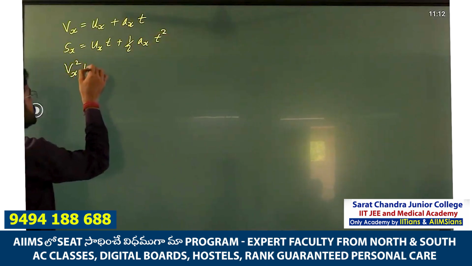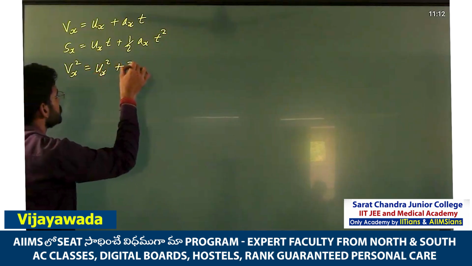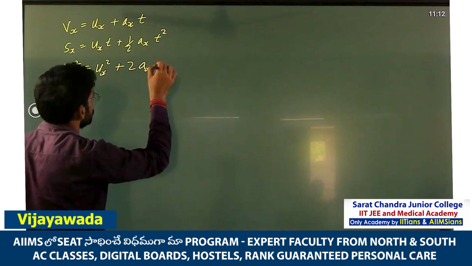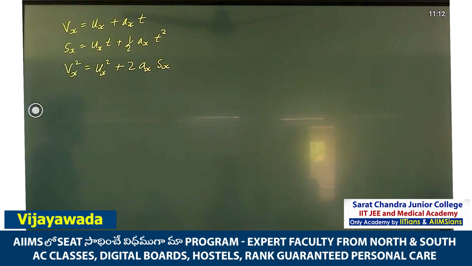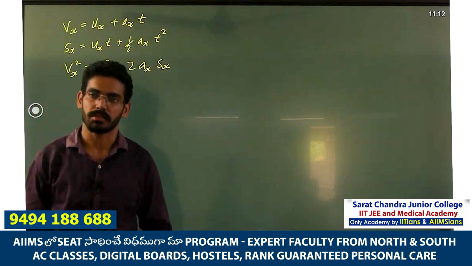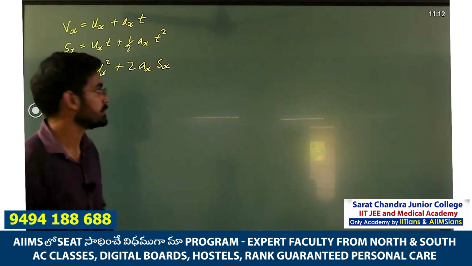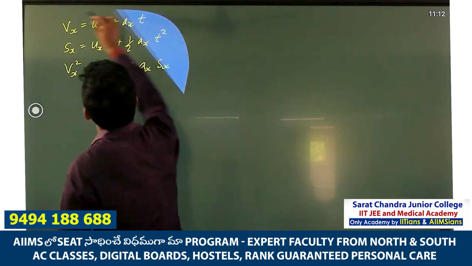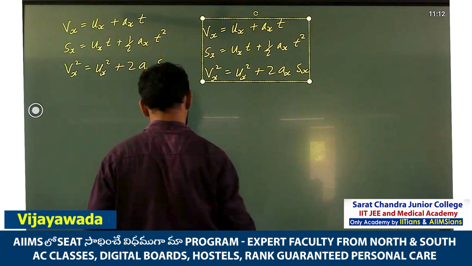Vx square is equal to ux square plus 2ax into sx. Y direction variable, constant, doesn't matter. This x is independent of y. And similar things in y also, y also same things.